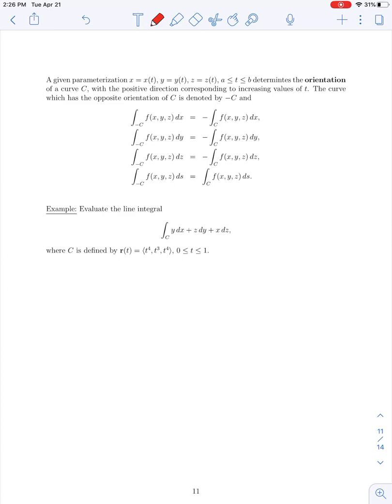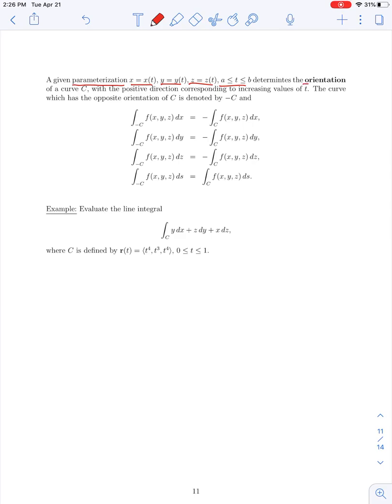So some results that we can describe here about the orientation of our curve and how it affects the value of our line integral are the following. Let's suppose that we have a parameterization of some space curve whose parametric equations are x, y, and z of t, where our parameter t ranges between two values a and b.